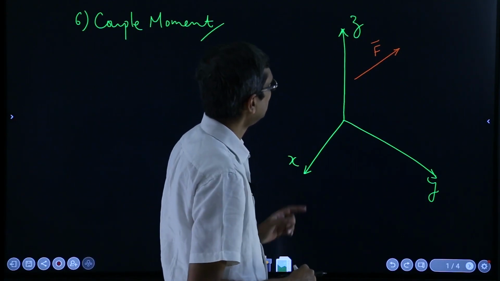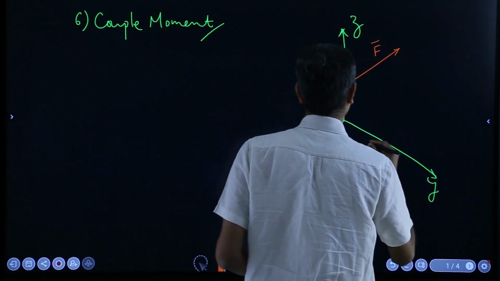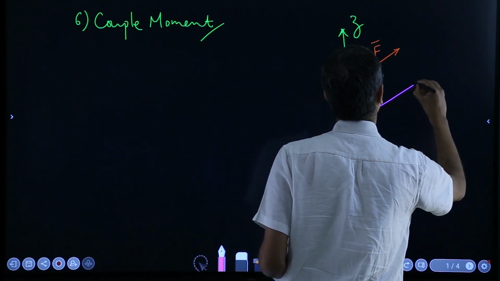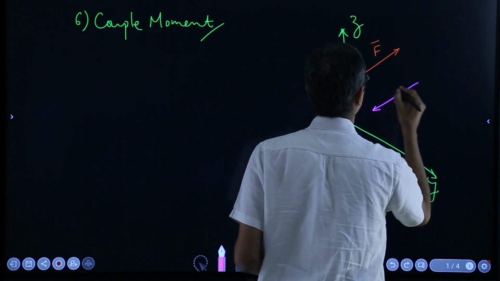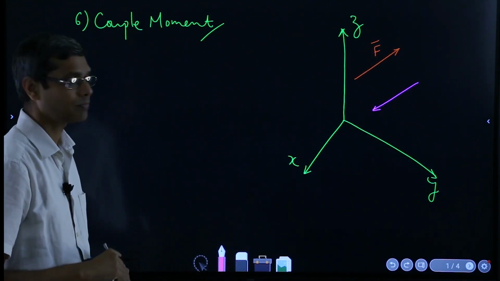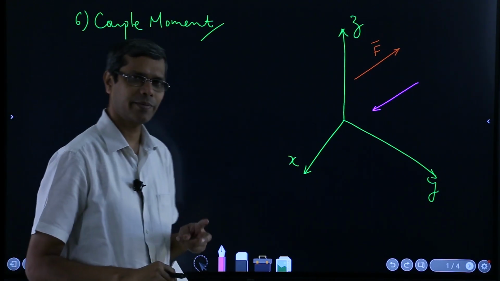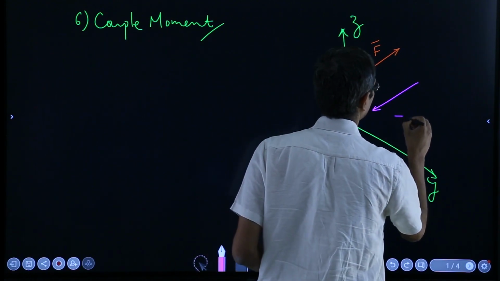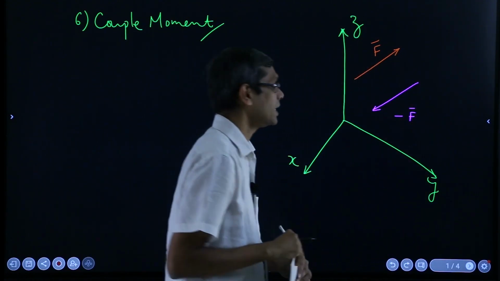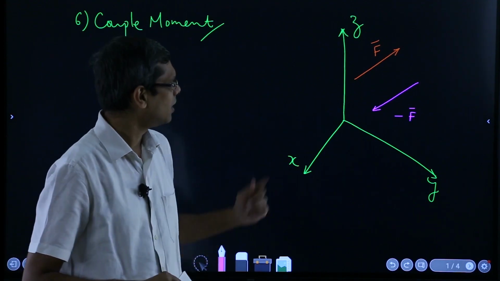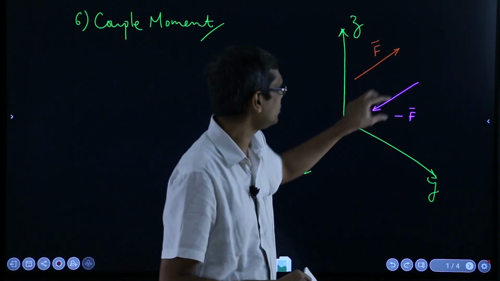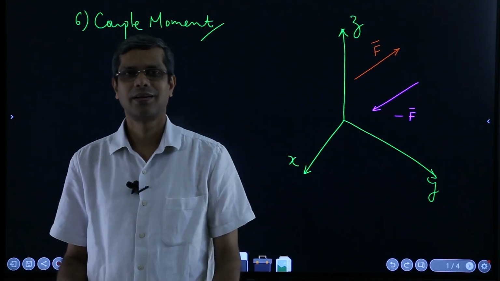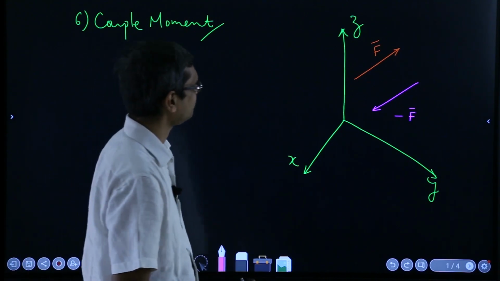Now the next force is exactly like this, but in opposite sense. Magnitude is same, orientation is same, just the sense is different. Now that I will call minus F. Why minus F? Because equality of forces will tell that wherever you keep it they are equal, and because only the sense is in the opposite direction, it is minus F.